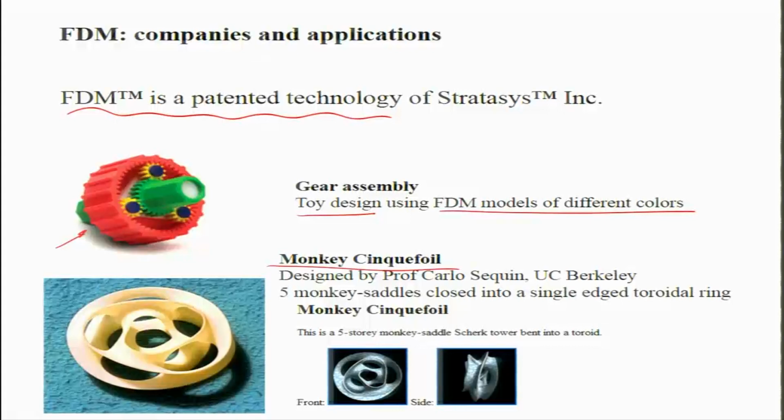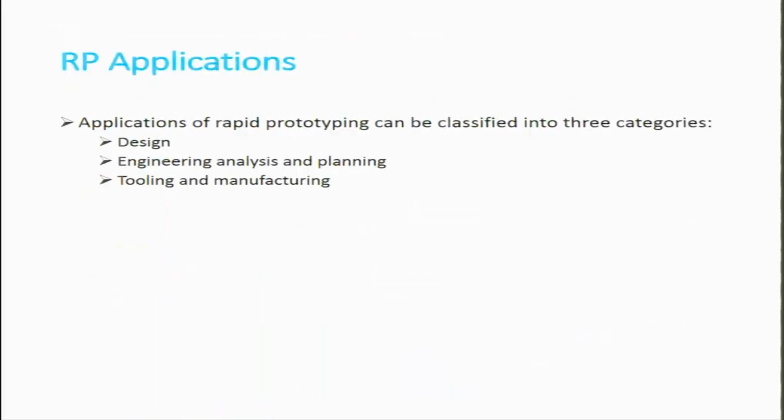These are like 5 monkey saddles closed into a single-edged toroidal ring, an extremely complex geometry, which may not be so easily visualized mentally. So in such structures, just before building the structure out, it is probably a wise idea to have some kind of a smaller scale prototype in place, for which 3D printing or rapid prototyping is the way to go.